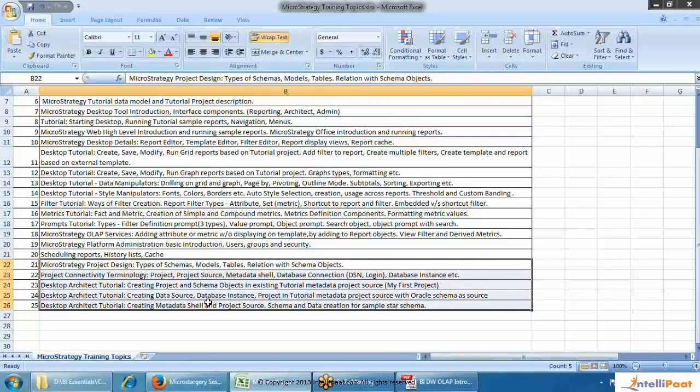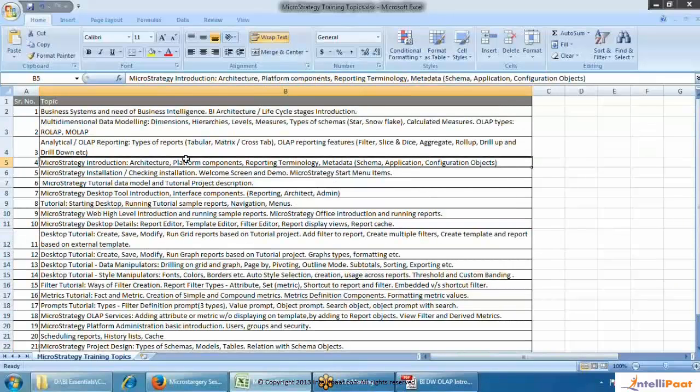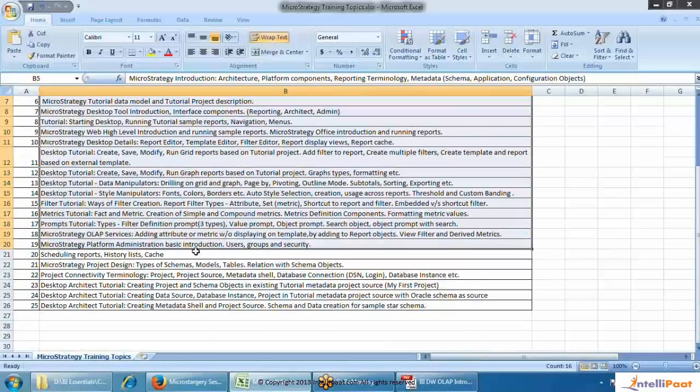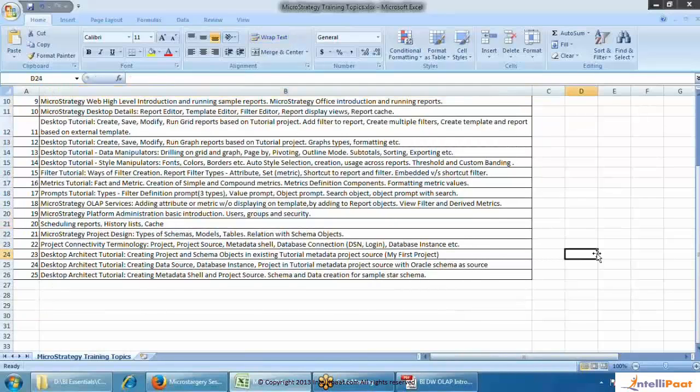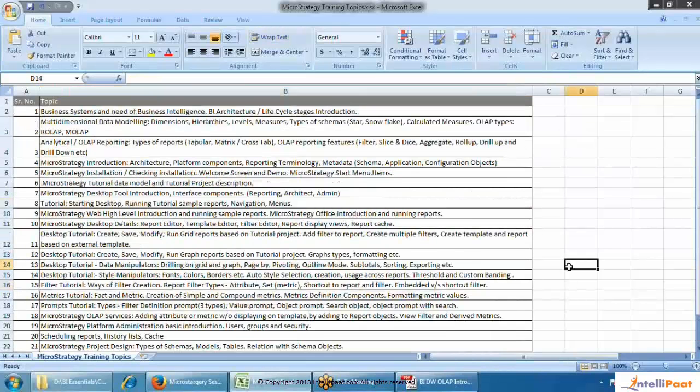You can take either the sample database which is given, or we can use some other star schema and create a model on top of it. For all these exercises, we'll use the model given by MicroStrategy as a sample model, whereas here we create our own model. So that's the overall flow of this training. Depending on how many practicals we do, it can take between 15 to 20 hours.